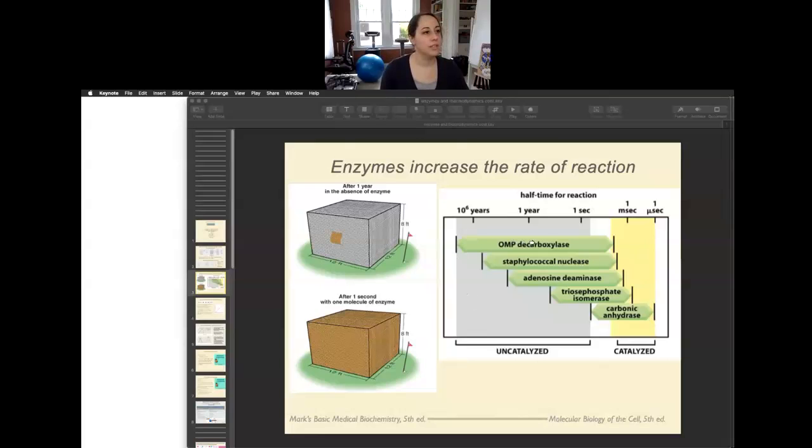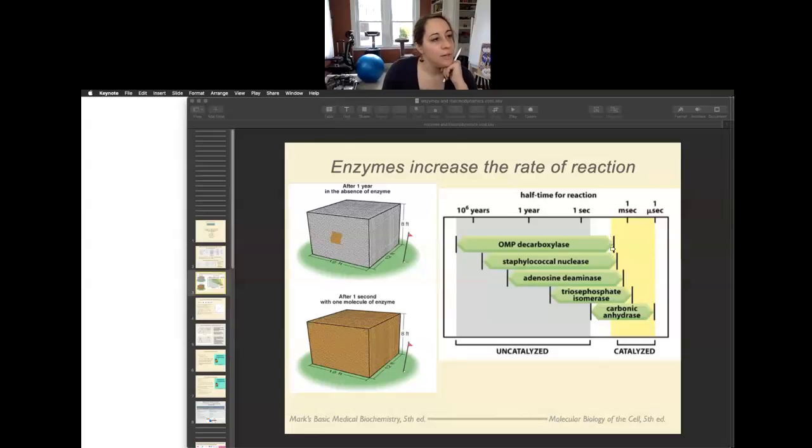So these are some reactions that would occur spontaneously. And we see in the green bars the enzymes that would normally synthesize that reaction or make that reaction go forward.